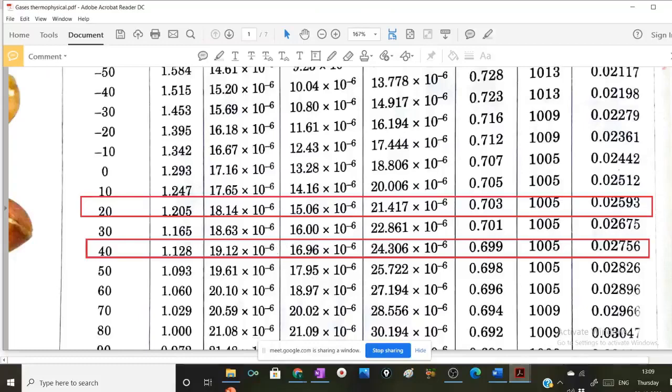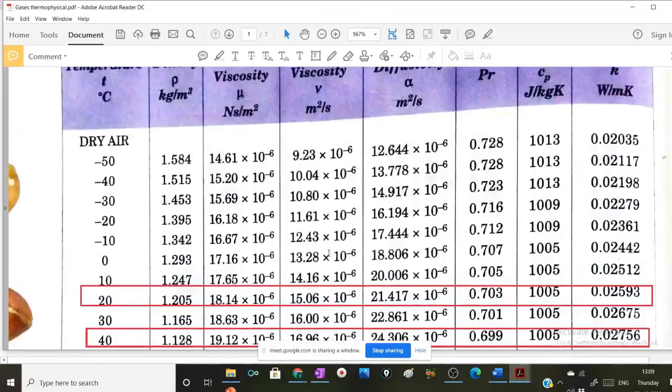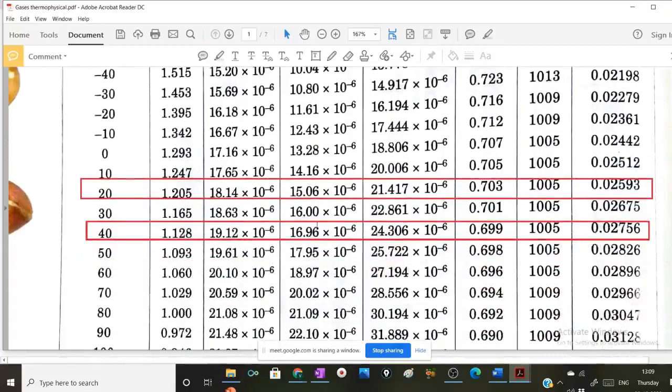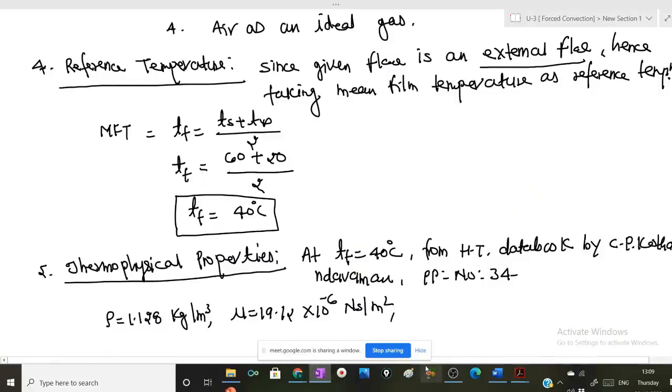Then the next value is nu. Nu is 16.96 into 10 to the power minus 6 meter square per second.